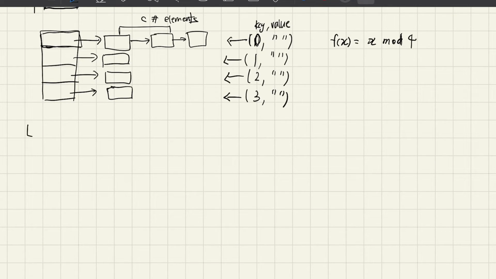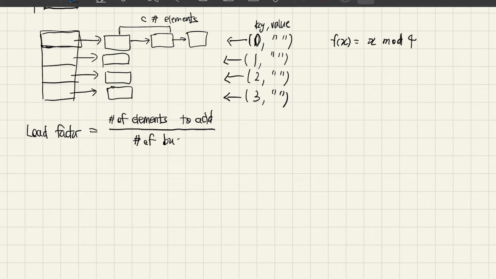there's a thing called a load factor. A load factor is basically the number of elements you're trying to add over the number of buckets. Usually when this load factor reaches 2, or gets bigger than 2, that's when we resize the hash table and increase the number of buckets by a factor of 2.